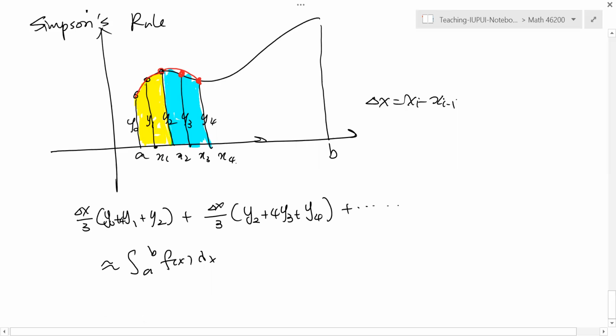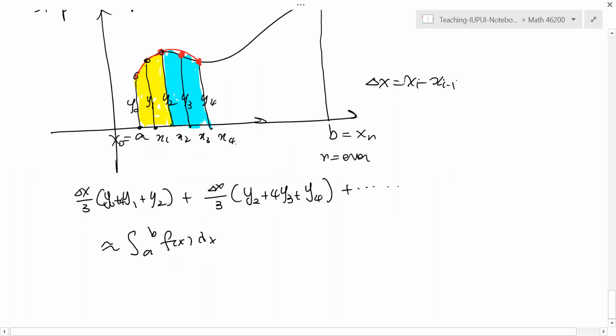Now, n must be even, because you get a pair of subintervals. This should be equal to xn, and this is x0. Otherwise, I have one additional subinterval at the end.